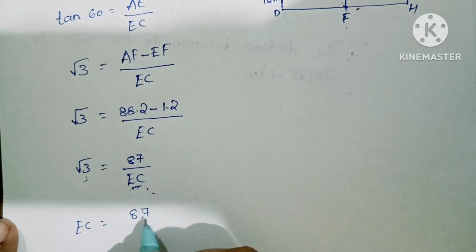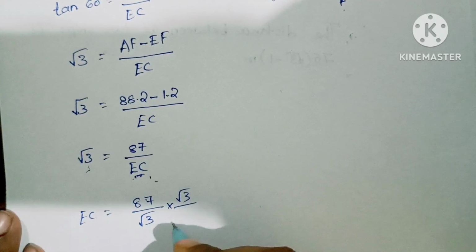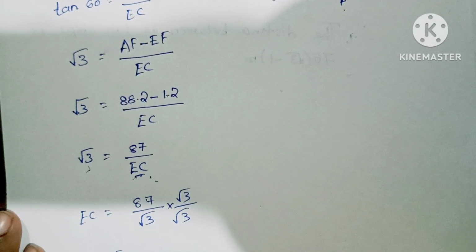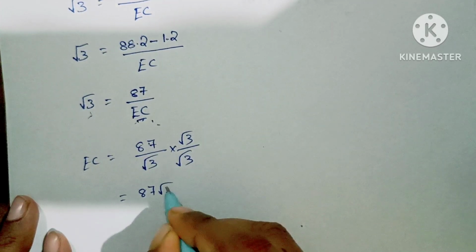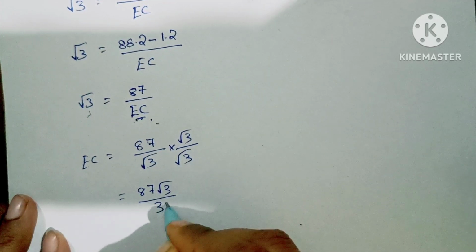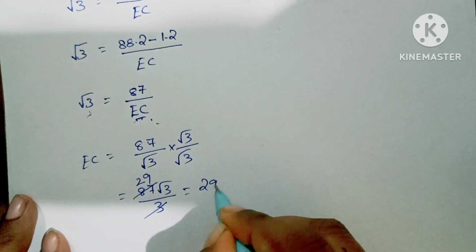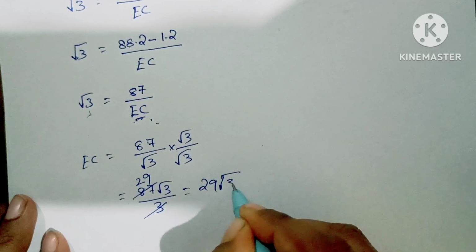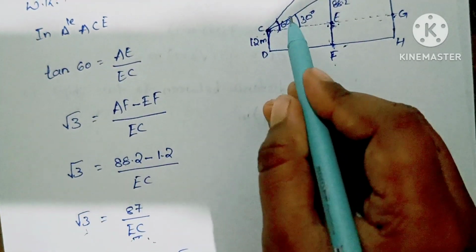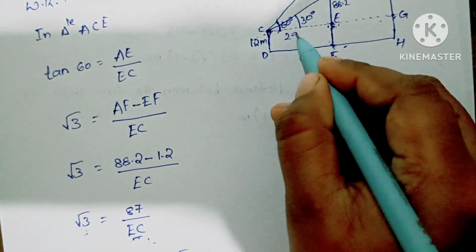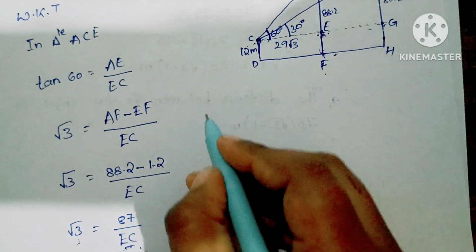Then what will you get? 87 by root 3. Now rationalize, root 3 into root 3. How much will you get? 87 root 3 by 3. Three goes into 87 how many times? 29 times. So 29 root 3 is nothing but EC. EC you got is 29 root 3.